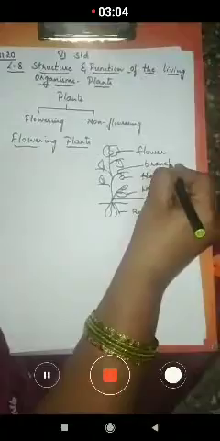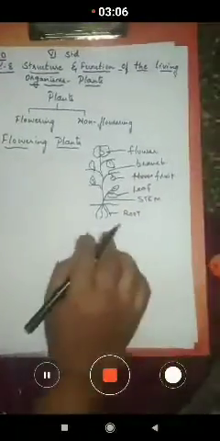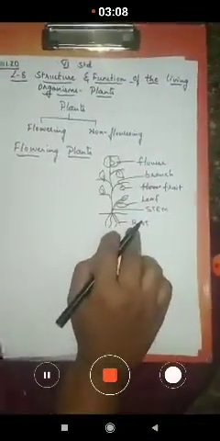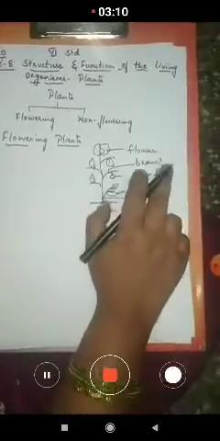So in the lower classes you learned about the different parts of the plant, that is the root, stem, leaf, branch, flower.